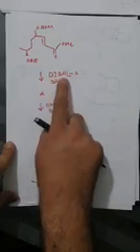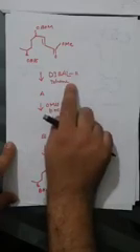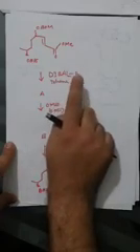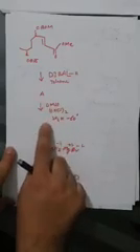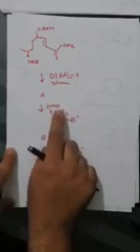This is diisobutylaluminum hydride. It is a reducing agent. It's also a source of hydride ion. It will reduce this ester. I'm giving you the hint. It will reduce this ester, and you will get this compound A. These are the Swern reagents.